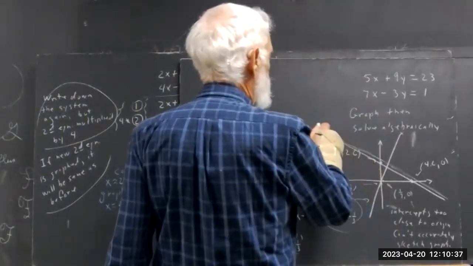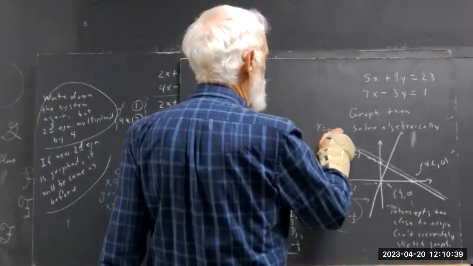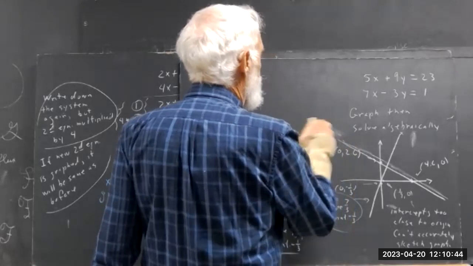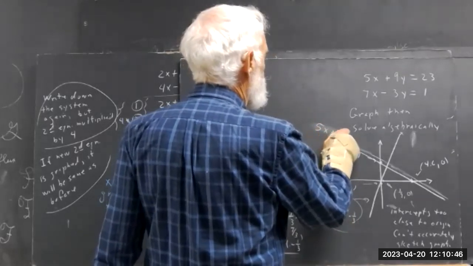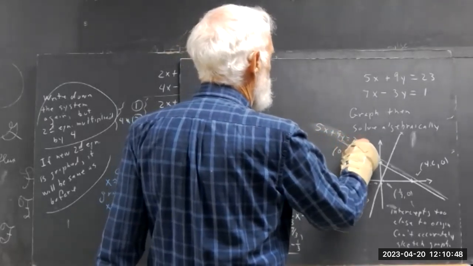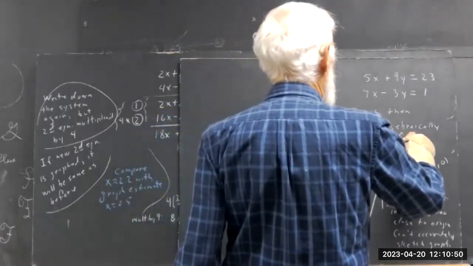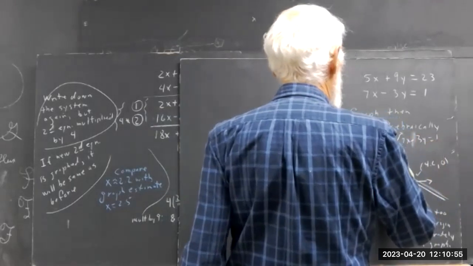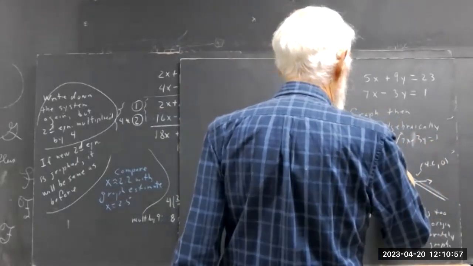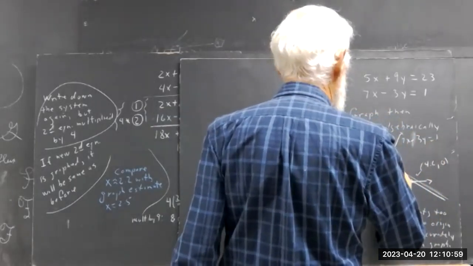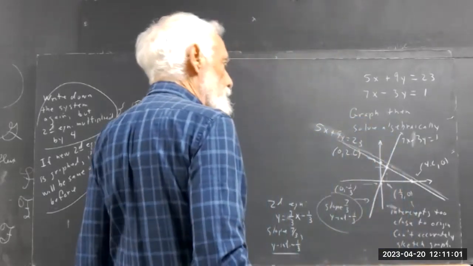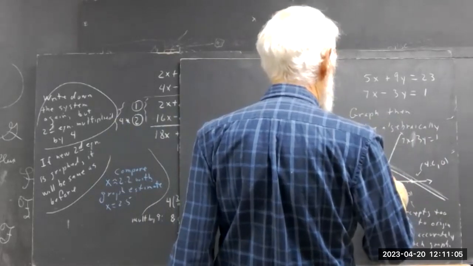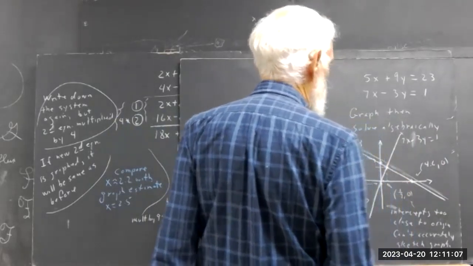So we label these graphs. This is the graph of 5x plus 9y equals 23. And this is a graph of 7x minus 3y equals 1. And the intersection point here has an x coordinate and a y coordinate. Now, if this is 4, then this should be 2. That looks like about 1. If this is 2.6, that could be 2.